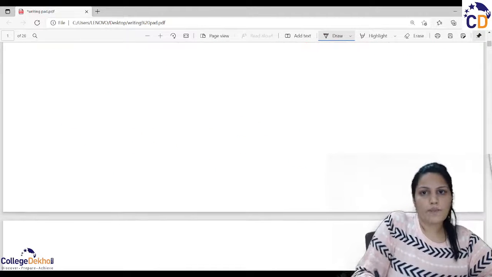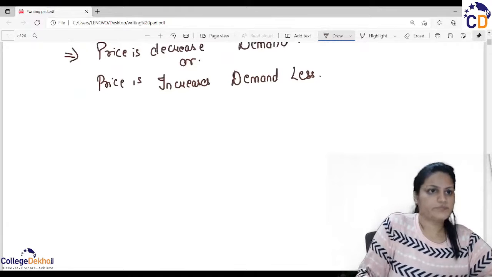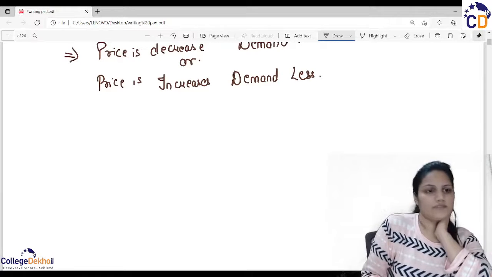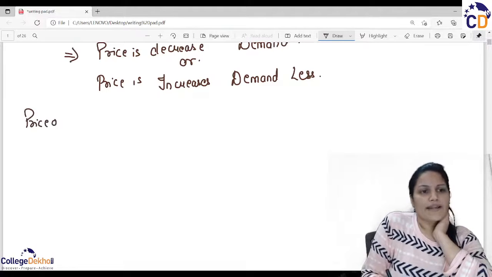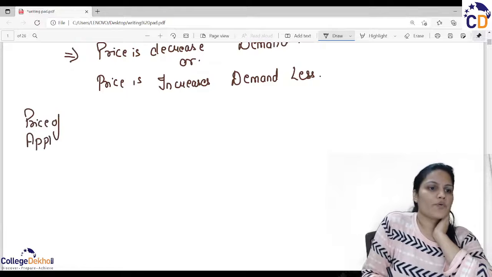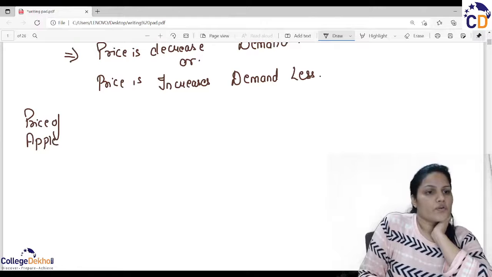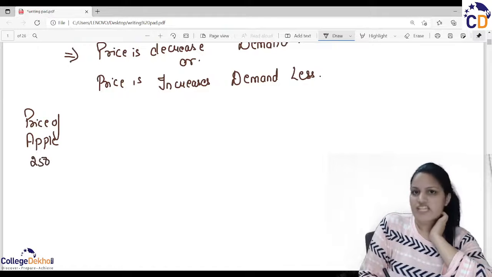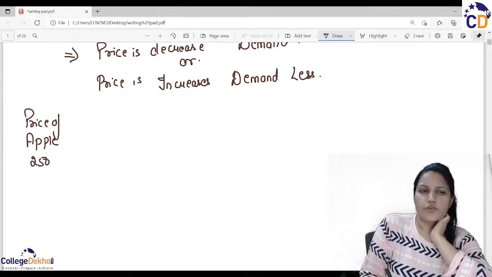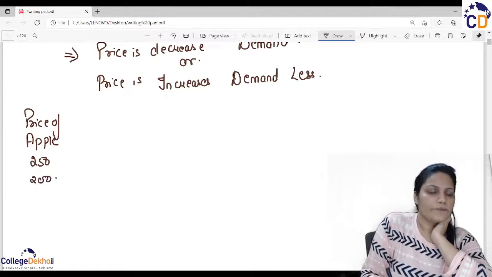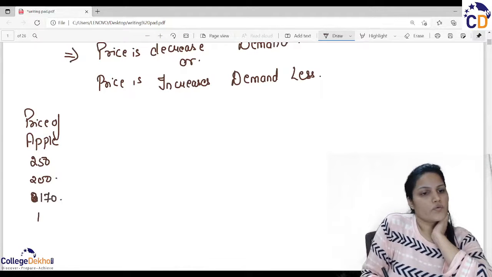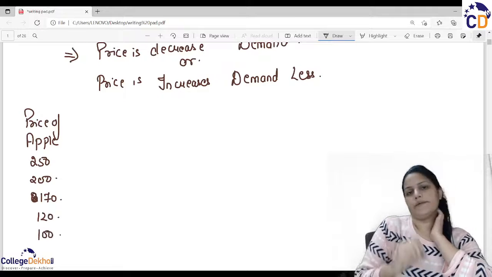Let's have a proper example of the demand. Let's make one schedule. Price of an apple; let's suppose the price of an apple is going to decrease: 250 rupees per kg, after that it will decrease to 200, 170, 120, and 100.